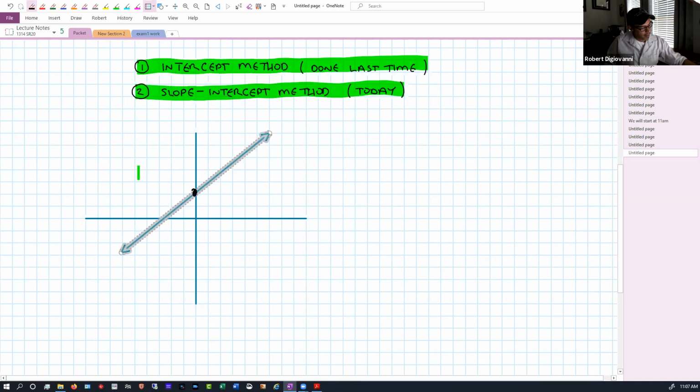Now, a very important point on this graph is that point right there. Now, that point is the Y-intercept. And can somebody tell me what we know about that point? Is there one of these coordinates?